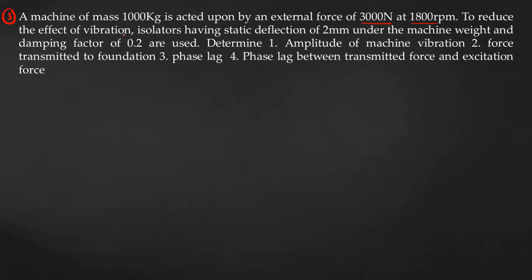To reduce the effect of vibration, isolators having the static deflection of 2 mm under the machine weight and the damping factor of 0.2 is used. Determine the amplitude of the machine vibration. Second, the force transmitted to the foundation, and the phase lag between the transmitted force and the excitation force.